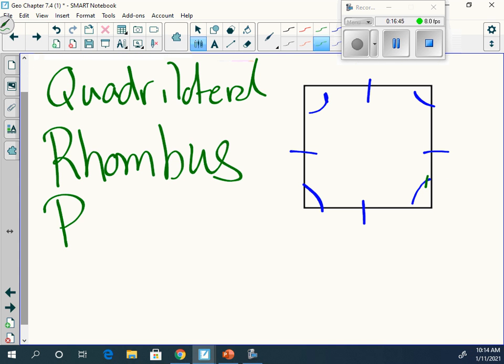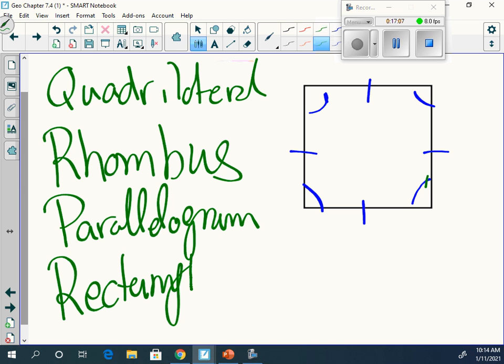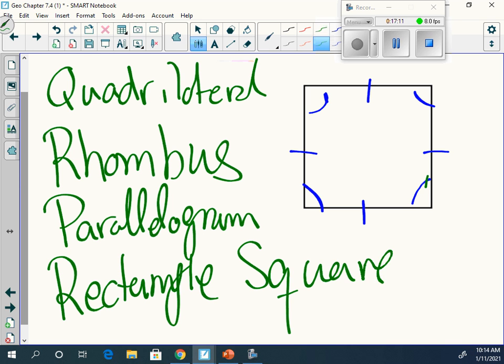If it is a rhombus, it's also a parallelogram, because a rhombus is a parallelogram with 4 congruent sides. We can say it's also a rectangle, and a square, yes. Because this one worked out to be everything.